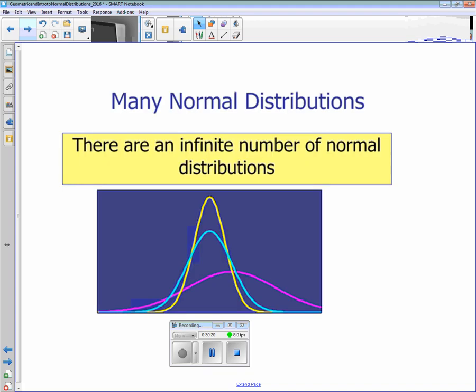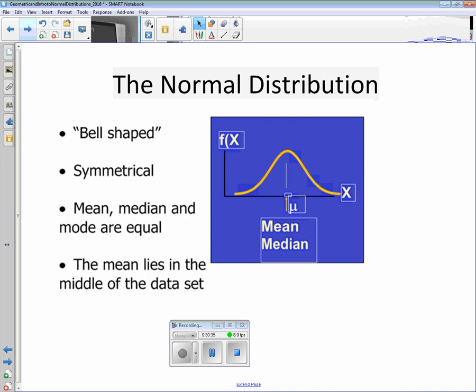Now, there are an infinite number of normal distributions, all kinds of them, okay? Some are really tall and thin, some are kind of short and flatter, but they all have some things in common. The things that they have in common is they are bell-shaped. I hate that word. I don't know why, but unimodal and symmetric is my preference.